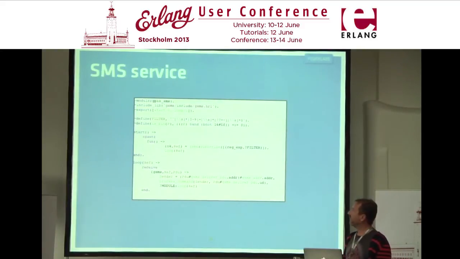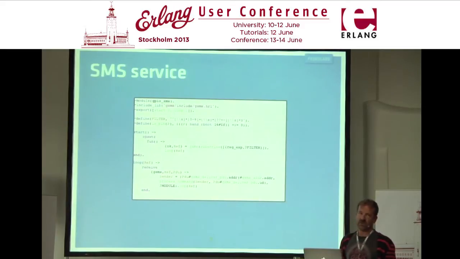So here's an example how it could look with a GSM service. You start a small service with a subscription on a regular expression filter, and it looks for numbers.